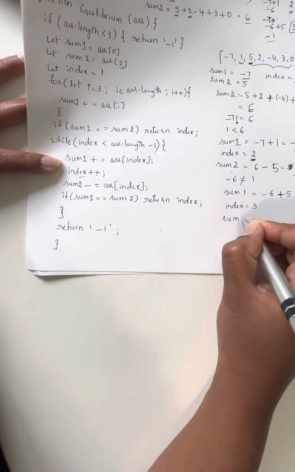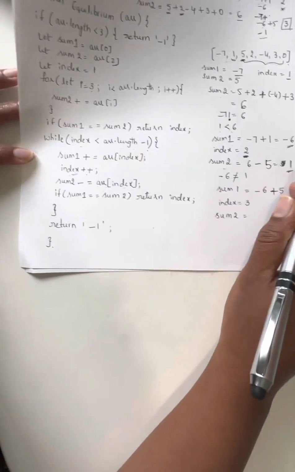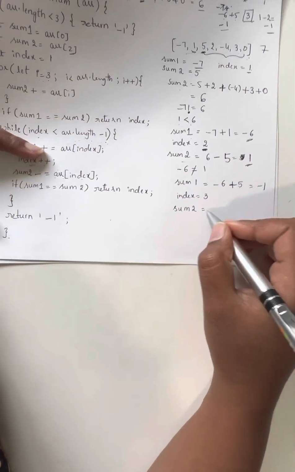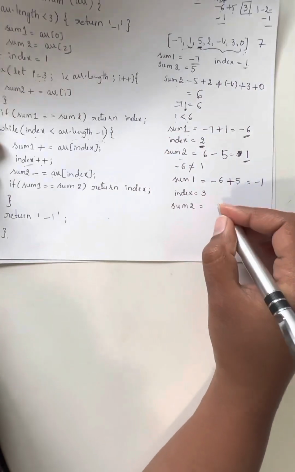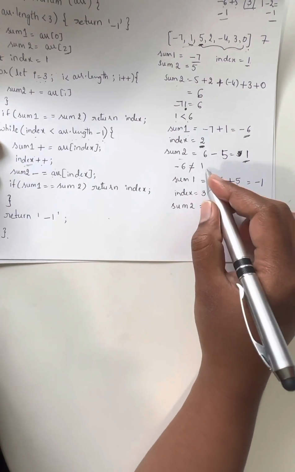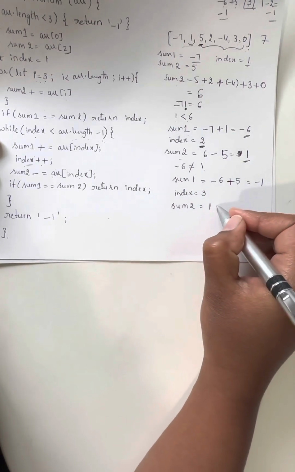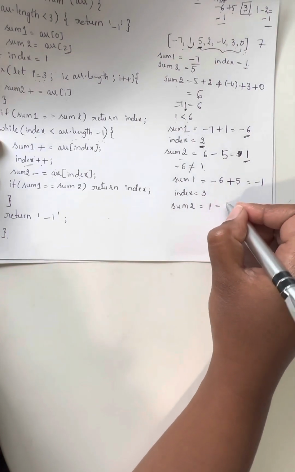And for the sum 2 we need to decrement the element at index 2. So sum 2 is 1 minus the element, which is 2.